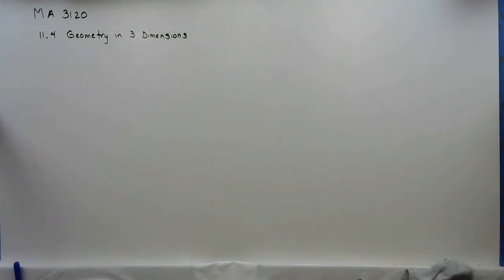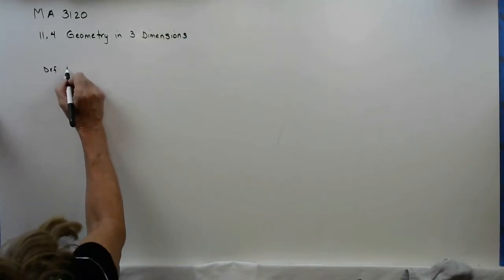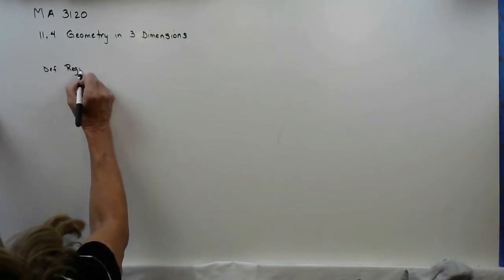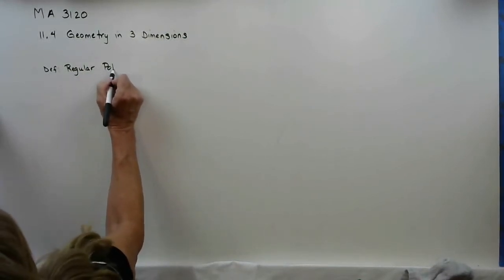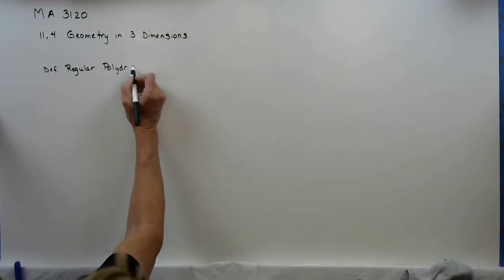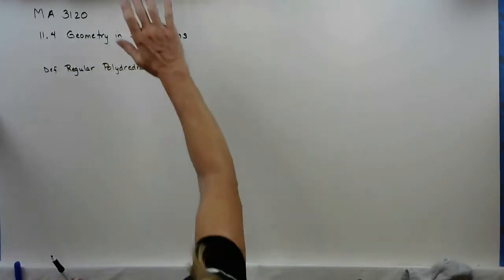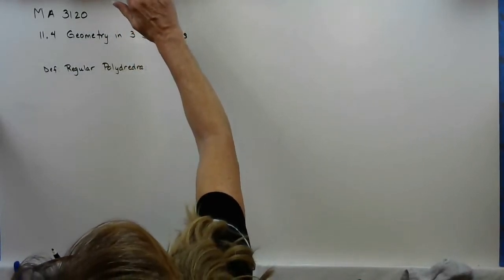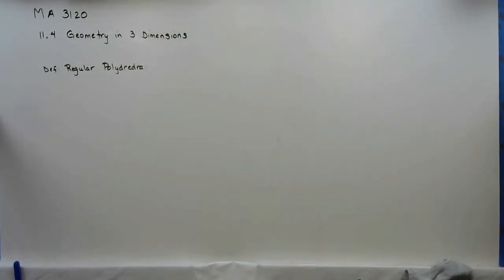So let's take a look at the definition of a regular polyhedra. Polyhedra is just the plural of polyhedron. We only have 5 of them.